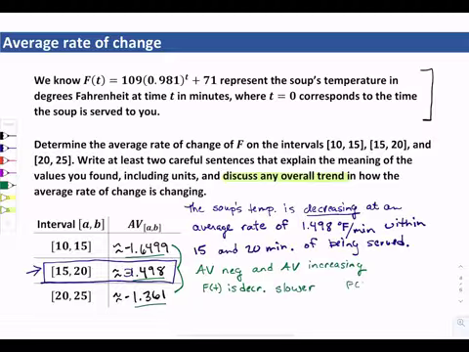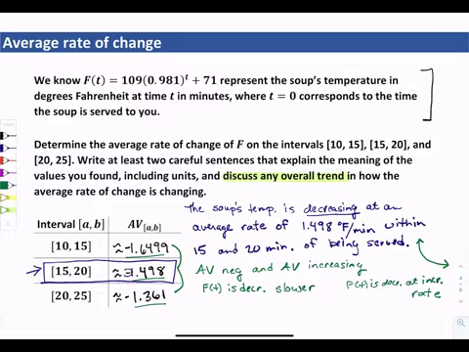Another way to say that, f of t is decreasing at an increasing rate. If we were to graph f of t, it would have a shape something like this. So the graph is decreasing but slower, or we say f of t is decreasing at an increasing rate.